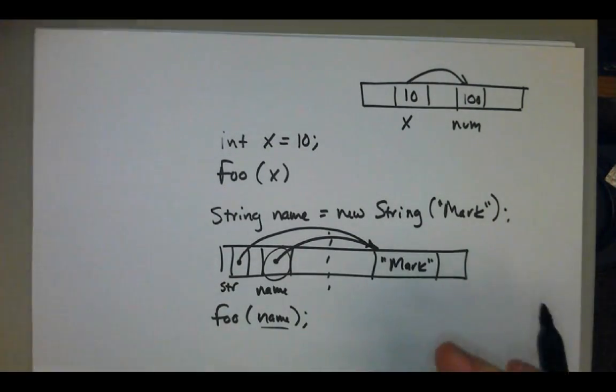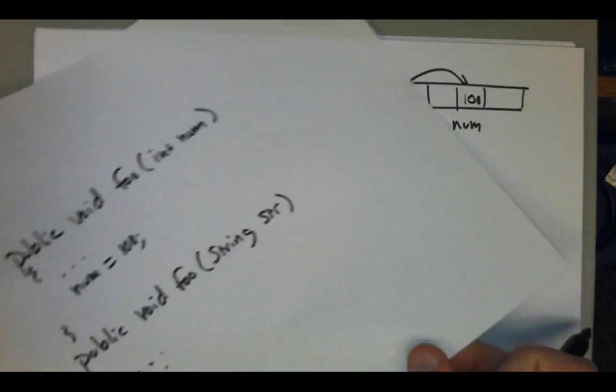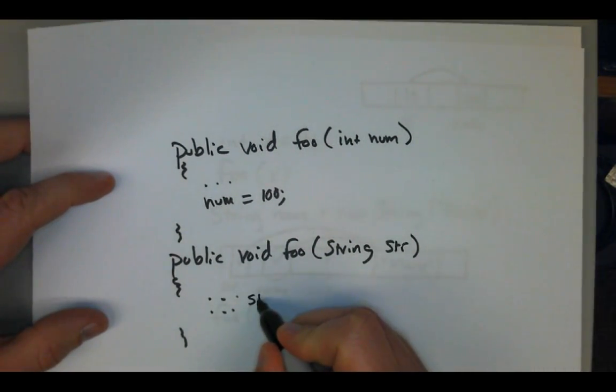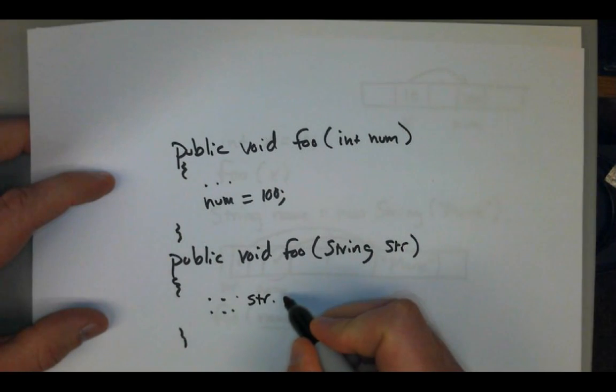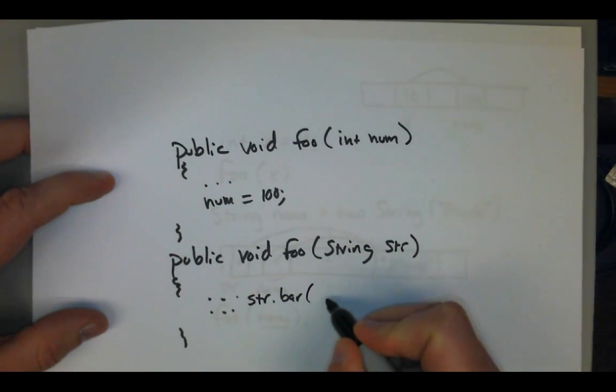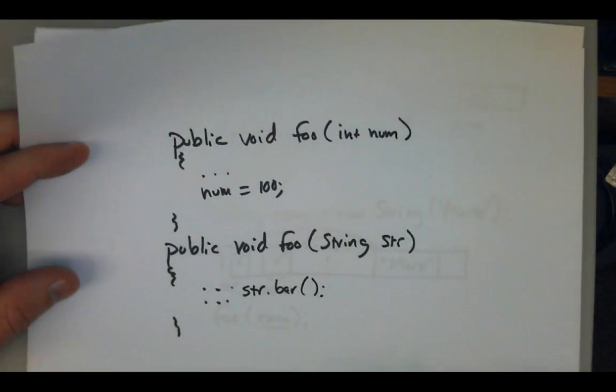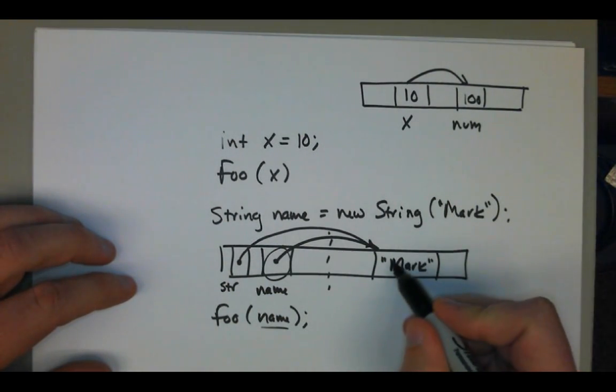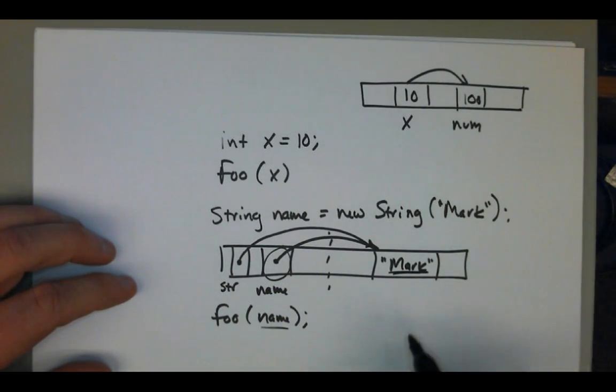Okay. So now if inside this string function I did something to change the string, there's not really a bar method, but let's say bar did something to the string. Dereferencing str will go here and will give you access to this piece of data.